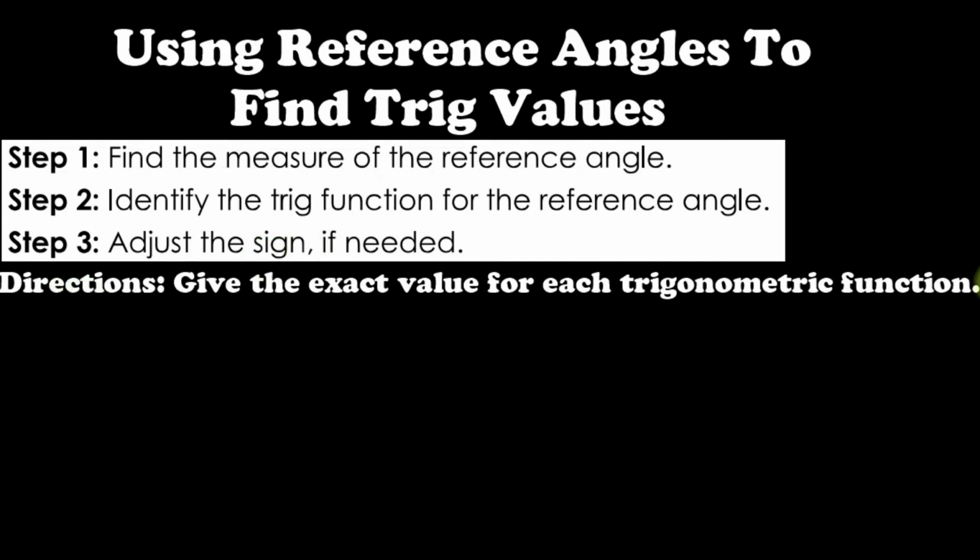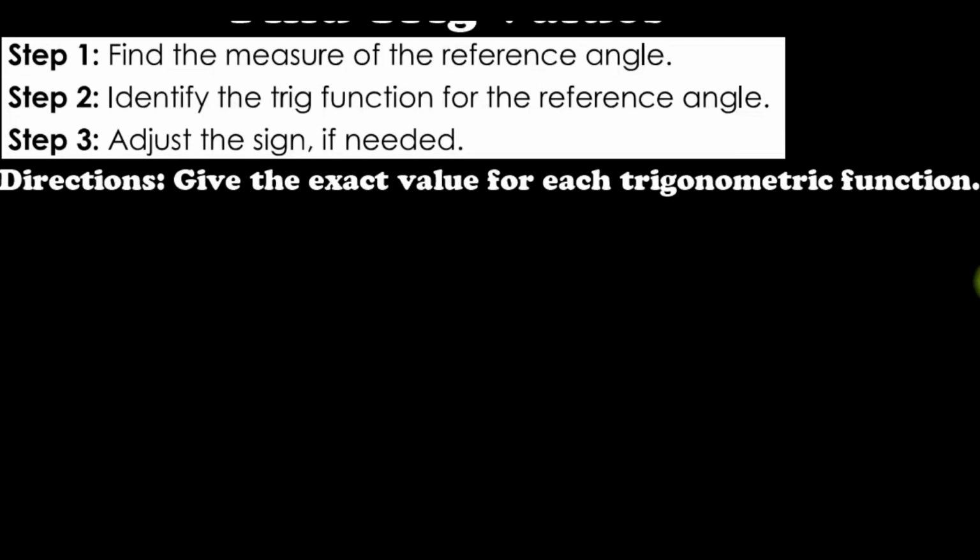Okay, so let's take a look at the example here. We want to give the exact value for each trig function. The first one we're going to look at is tangent of 300 degrees.